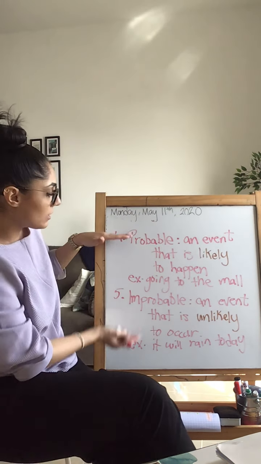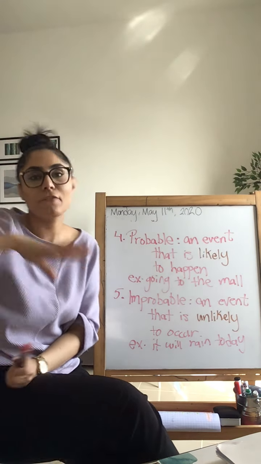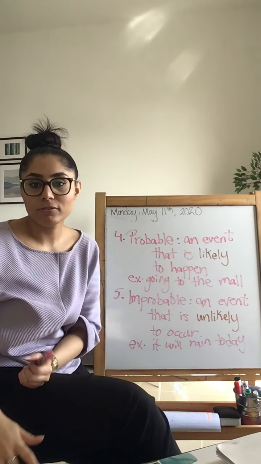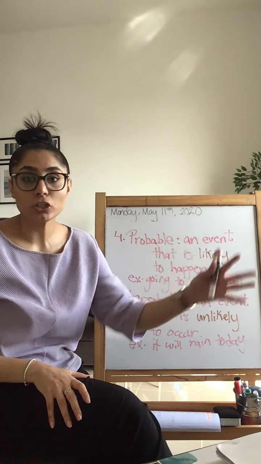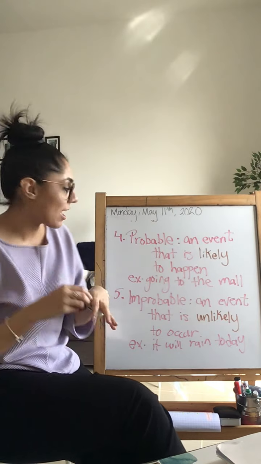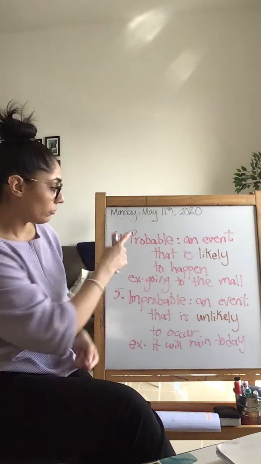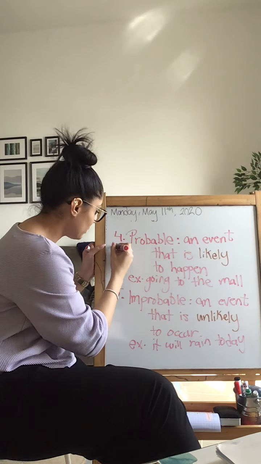Okay? So think of these sort of like in the middle ranges. So we've got impossible, which means it will never happen. And then on the other side, we have certain, that it will for sure happen. And in that middle gray area, we have probable, which is something that's likely to happen. Possible, right? The synonym for this, and I'll even put it in a bracket.